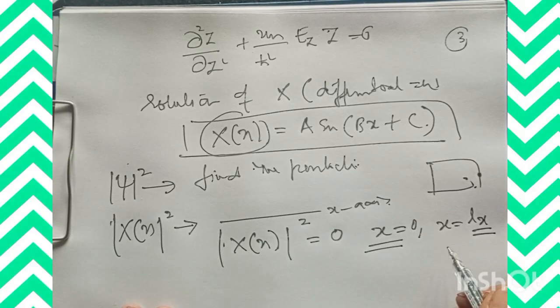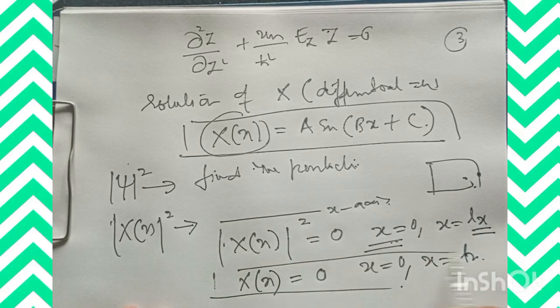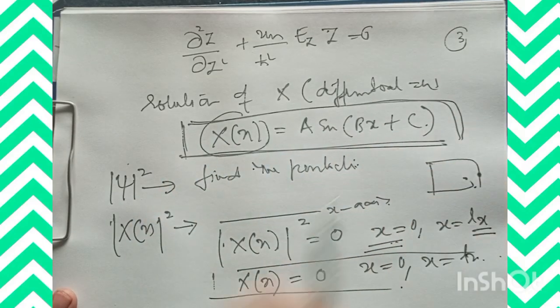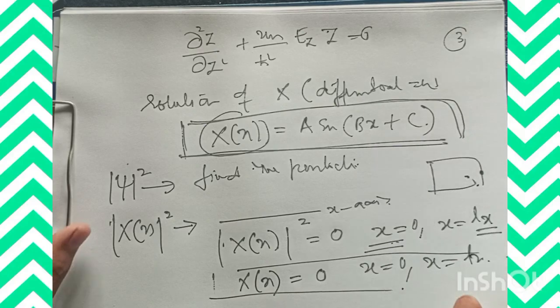In both cases we have the edges; the only difference is the origin that is chosen here. So it means that this X of x should also be equal to 0 at x equal to 0 and x equal to Lx. This boundary condition should be used in the solution that's proposed for the differential equation in terms of X of x.